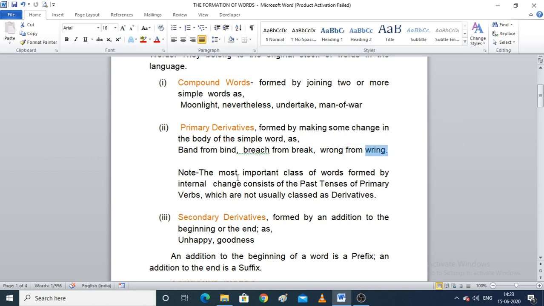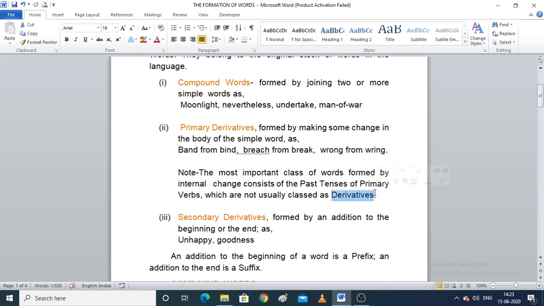Okay, see this. The most important class of words formed by internal change consists of the past tense of primary verbs, which are not usually classed as derivatives. So here the note states that sometimes we write the past tense of a word to make a change, but that internal change is not known as a derivative.